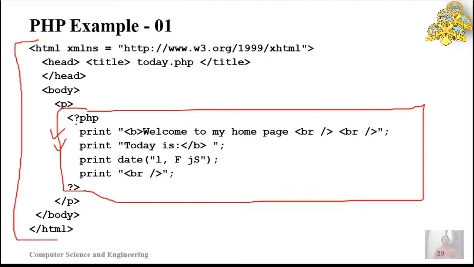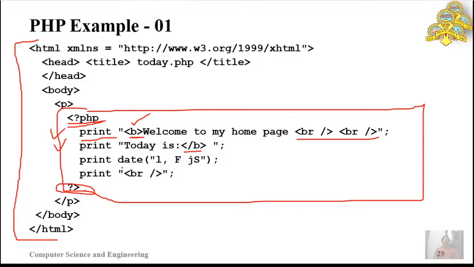Here is the code in PHP, that is the beginning tag of the PHP block, and this is the end of the PHP block. Here is a function, that is print. I am specifying its bold tag. Welcome to my home page and break, print. Today is, again here the bold tag ends. The bold tag starts here and ends here.